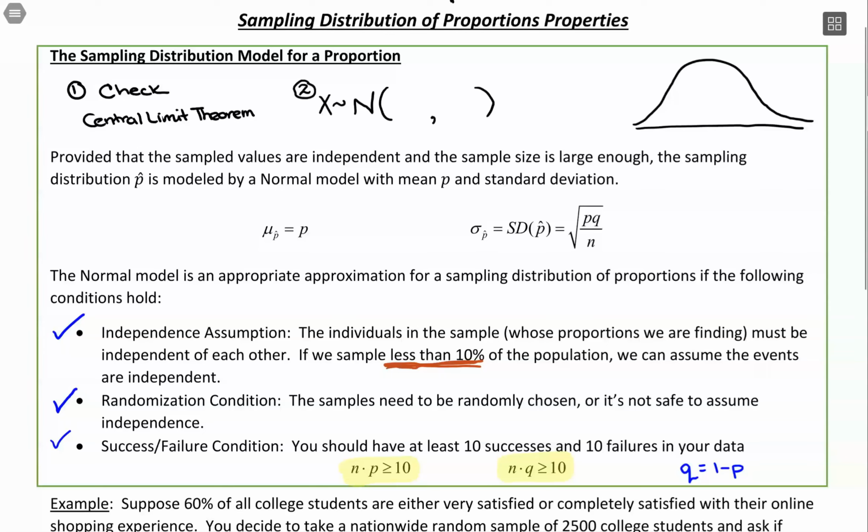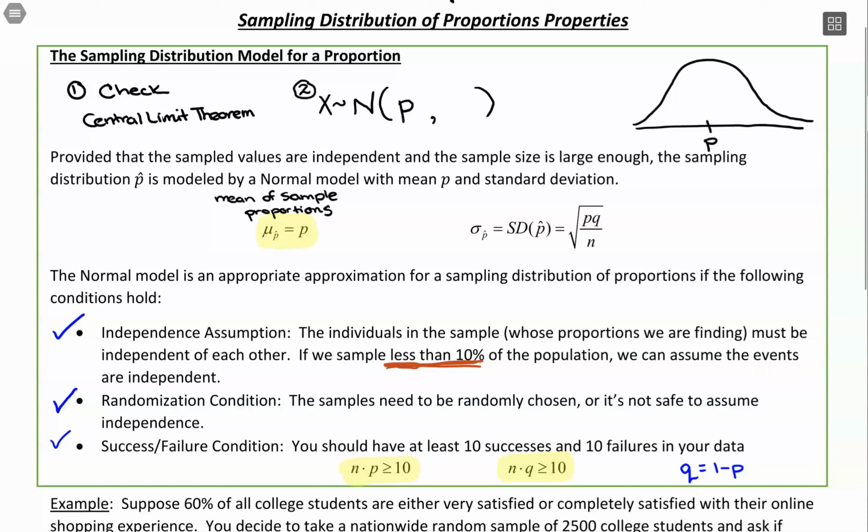For the mean, what we talked about in the previous video was how the mean of our sample proportion, or this average of sample proportions, same thing, is just going to equal your population proportion. When we take these samples, they're going to center around that population proportion because that's what's expected for our samples. So for the center of this distribution, you're just going to use your population proportion.